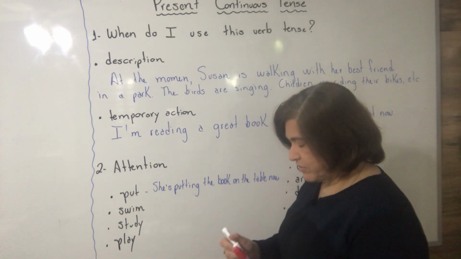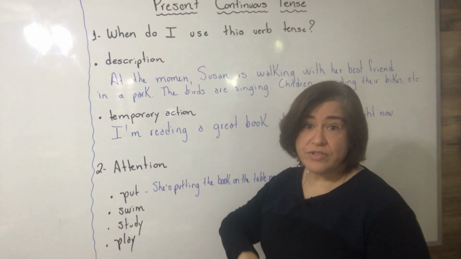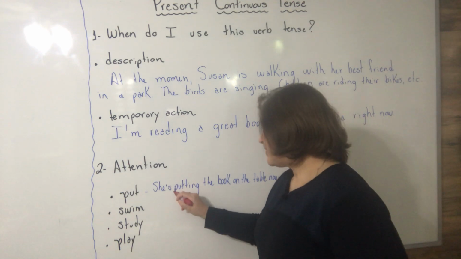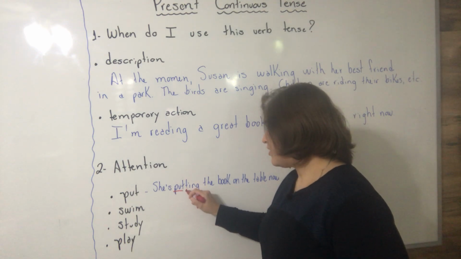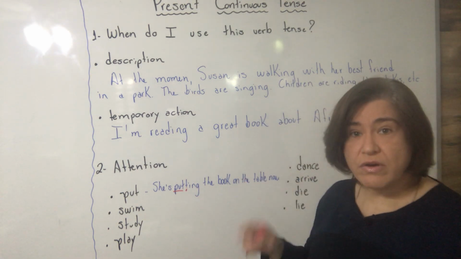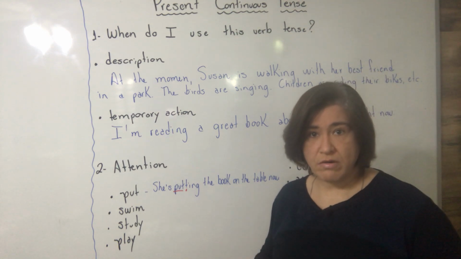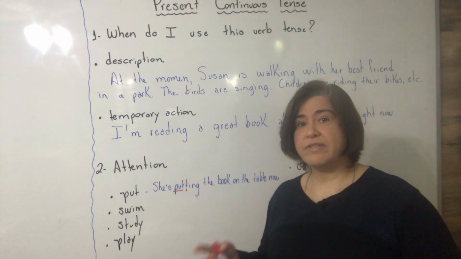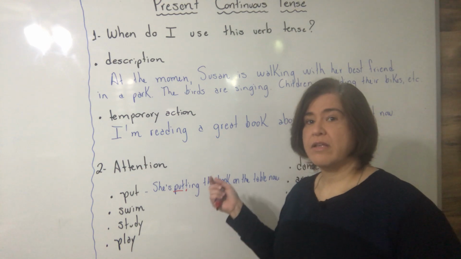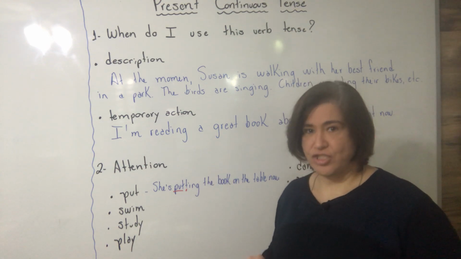Okay? So, class, I want you to see that put, I have another T because it's consonant, vowel, consonant, and you need to double the T when you add ing.